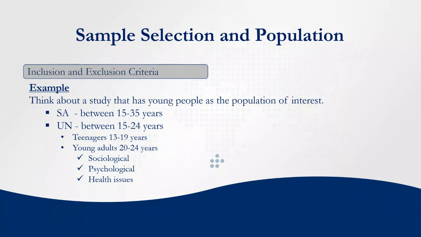If you want to use secondary data, meaning data that has already been collected for other things, and you are in the South African context, you might have to align yourself with the South African definition because of access. So you may use previous studies that define young people as 15 to 35 years, or maybe you want to use the UN definition, right? That will assist you to say the people who can be included in my study must be in that bracket.